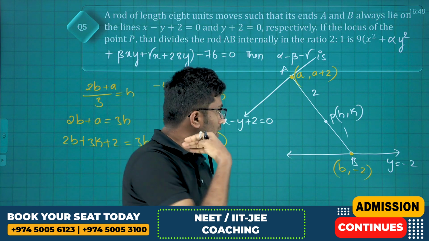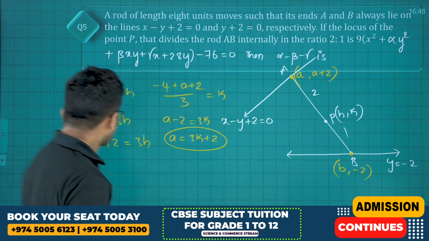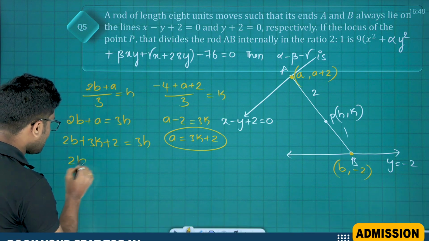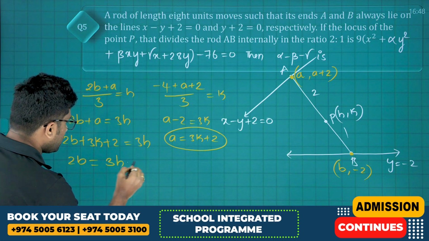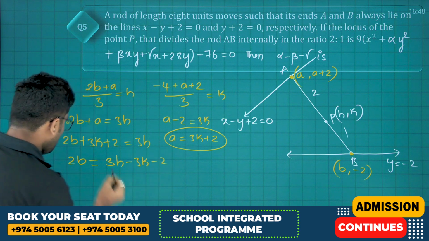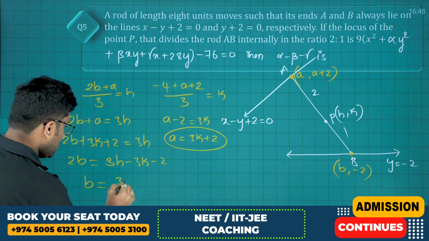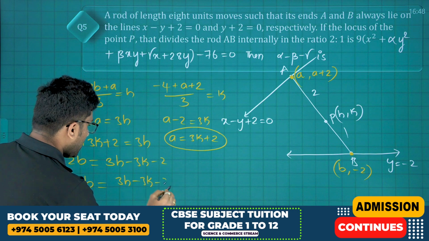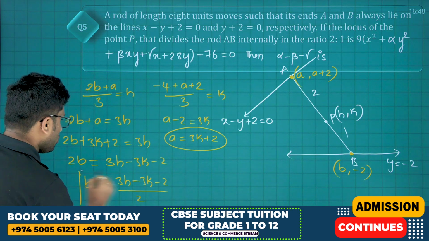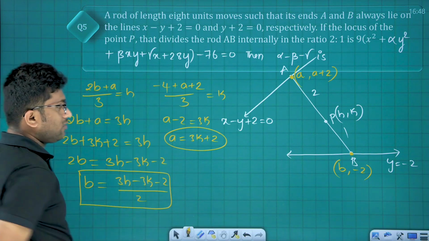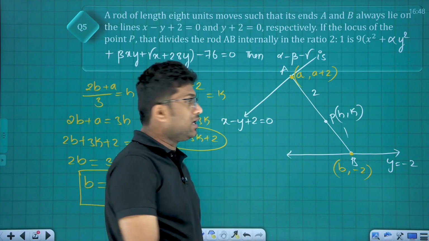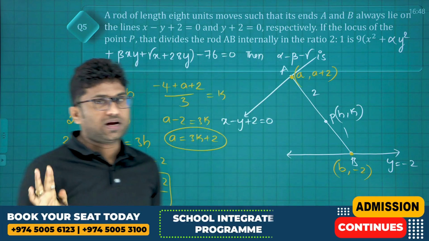We have to, at any cost, eliminate them. So now what is B, friends? B is equals to 3h minus 3k minus 2, whole divided by 2. So this is our B and this is our A. So we have got A and B in terms of our variable point h comma k.